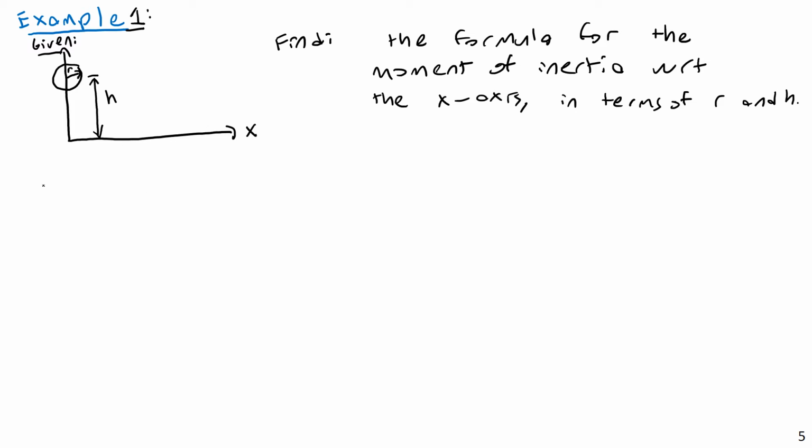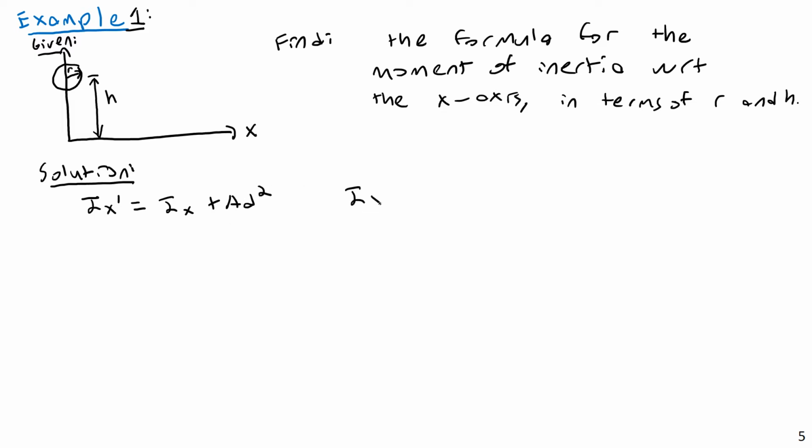So if we remember from part 1, the main formula we're going to use in the solution here is Ix prime is equal to Ix plus Ad squared.